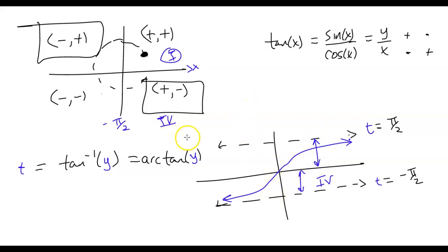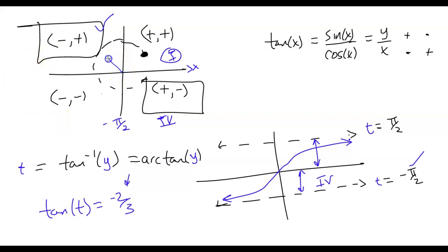And I need for tangent, if I went ahead and said tangent of t, I need this to be negative here. So notice that it can't be quadrant 4 because time is negative in quadrant 4. That's the point that I'm trying to get at. So the next quadrant that we have where time is positive and it meets this condition here is in quadrant 2.